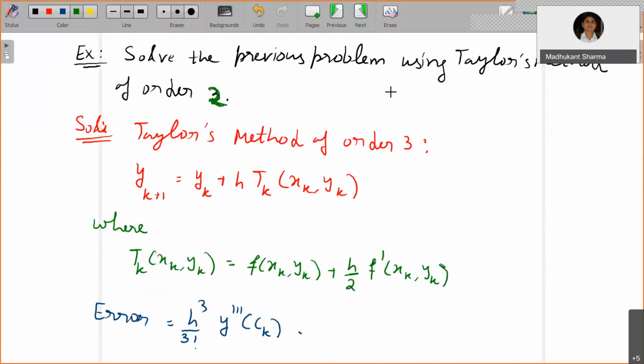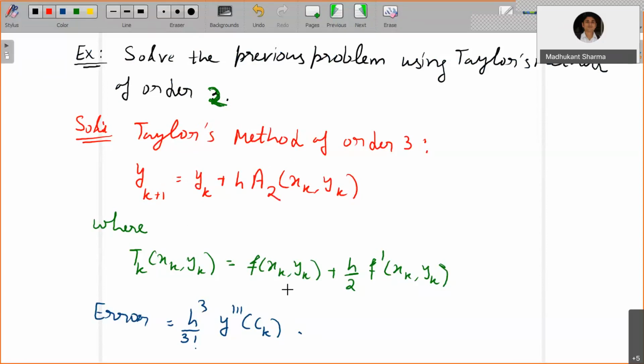Solve the previous problem using Taylor's method of order 2. Then this is Taylor's method, which is nothing but A k. Sorry, this is not A k here, let me write it specifically. This is A2.